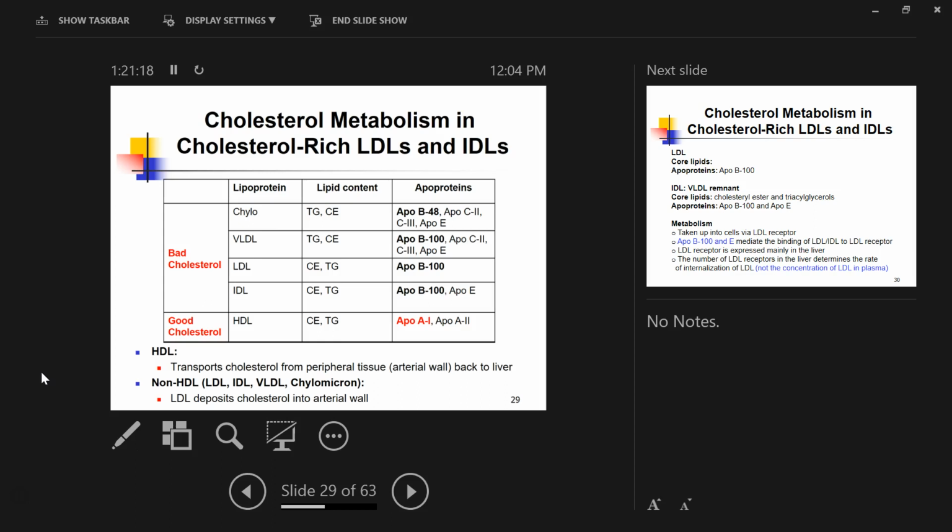For example, HDL basically transports cholesterol from peripheral tissue or from artery walls back to the liver for excretion or for disposal, right? So HDL is considered good. It will clean up the unnecessary cholesterol and prevent the deposition of the extra unnecessary cholesterol in the body. So it's considered good cholesterol.